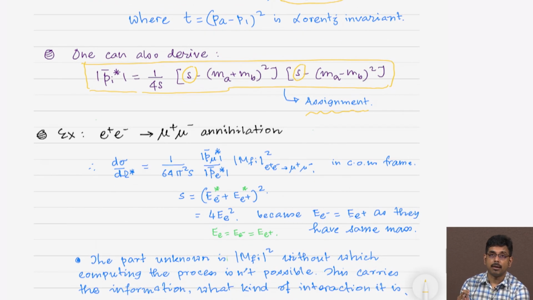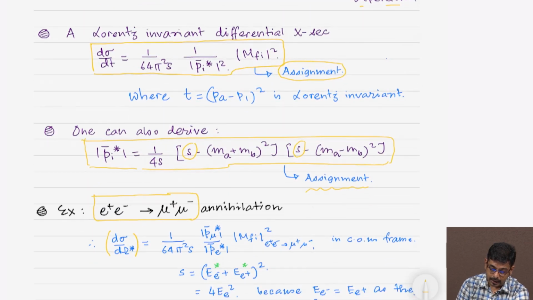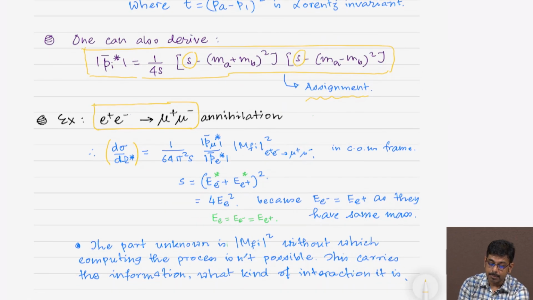One of the famous examples which we will carry out later is e⁺e⁻ going to μ⁺μ⁻. It is a pair annihilation of electron positron to create a pair of muon and antimuon, and in this particular case, if you want to express dσ/dΩ* in the center of mass frame, this will simply read from the above formula as 1 by 64π²s, p_μ* by p_e*, into |M_fi|² for e⁺e⁻ going to μ⁺μ⁻.